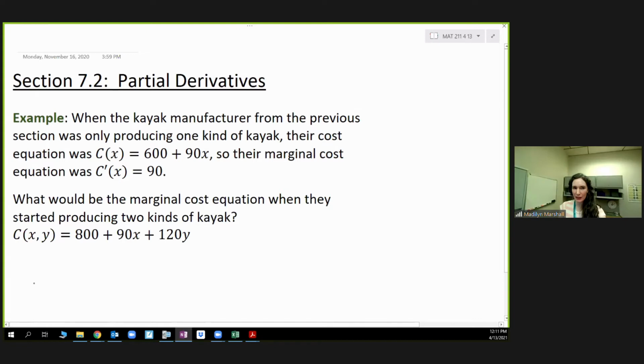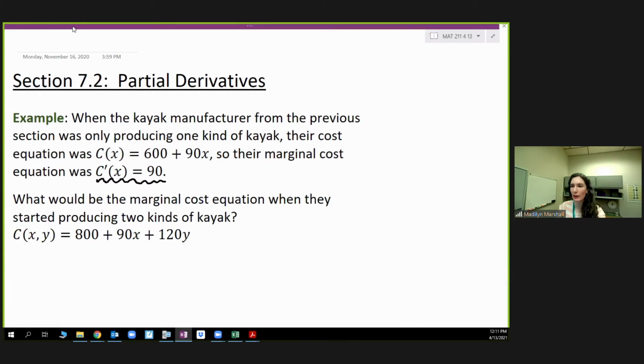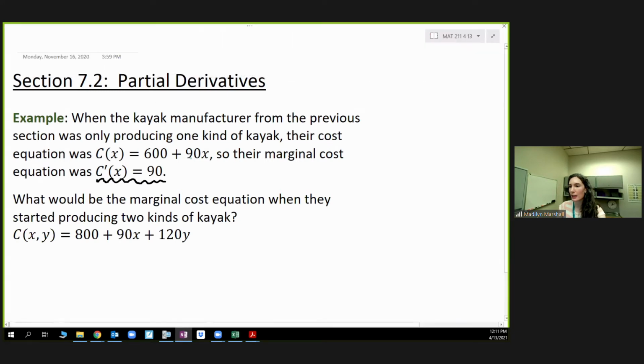Let's first start by remembering what marginal cost is. Marginal cost, in our C prime of x equals 90, is saying that it would cost $90 to make one more kayak. That 90 comes from the number in front of x.